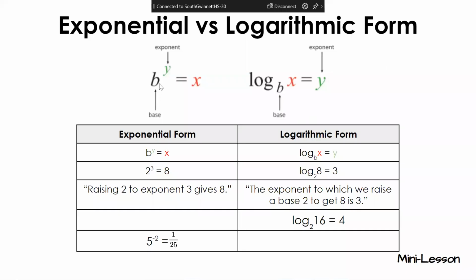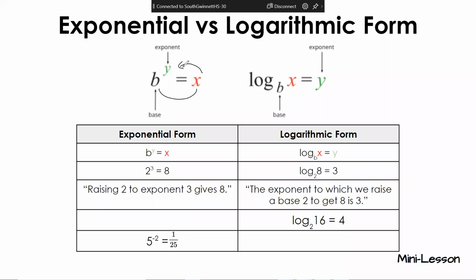This is b raised to the y equals x. Or if we want it in the log form, we say log base b of x equals y. This was a conversation we had yesterday or Tuesday, where if we want to put this in log form, we're going to do the circle of life. That's this order. So here it is again.